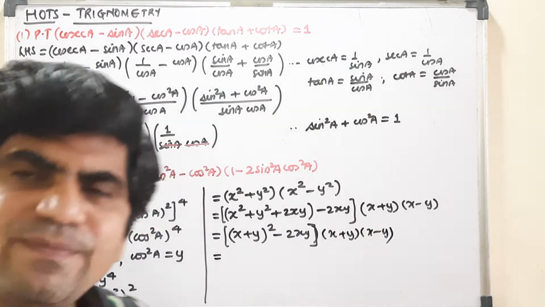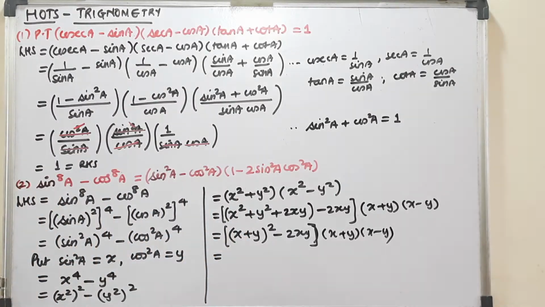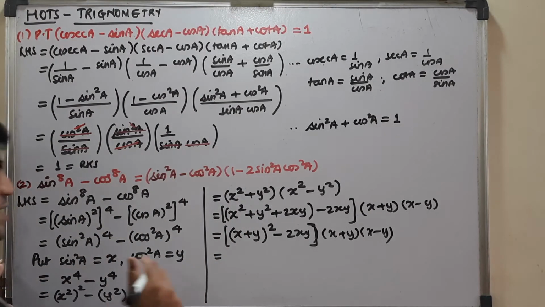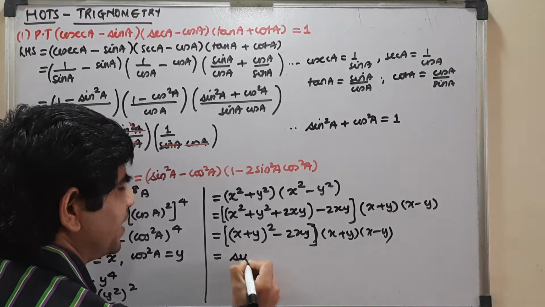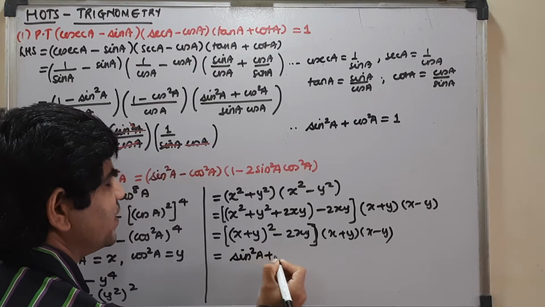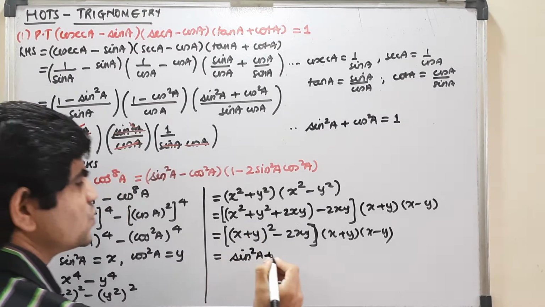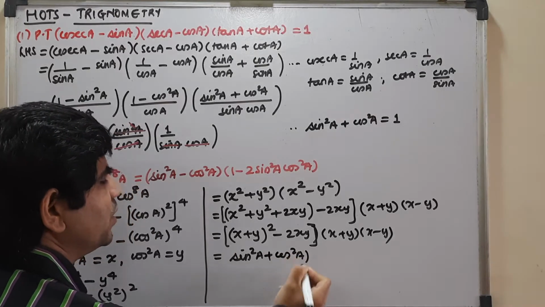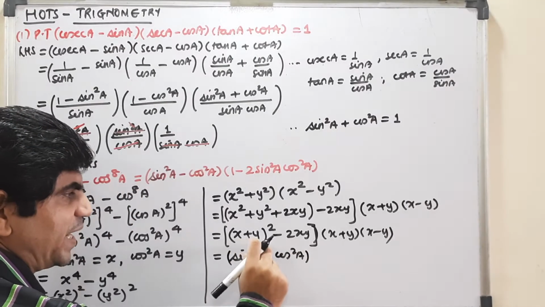Now what is my x and what is my y? My x was sin square a, so let me write it as sin square a, and my y was cos square a. This is my first bracket.